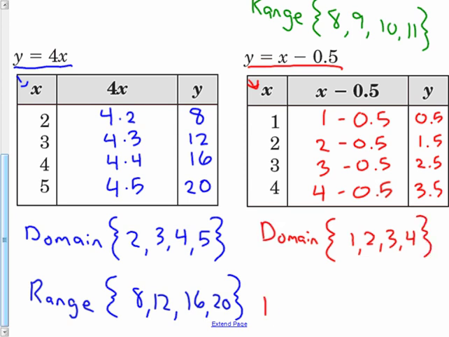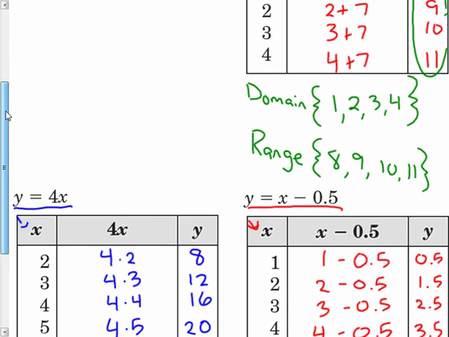My range is my outputs, which is 5/10, 1 5/10, 2 5/10, and 3 5/10. And we'll close that off with a bracket. And there are a few examples of how to create a function table given the function.